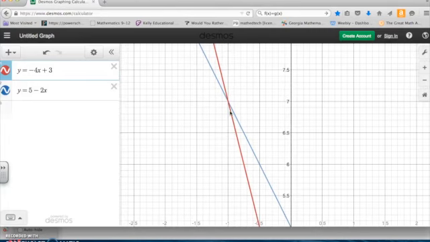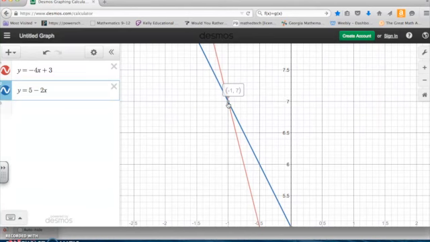If I click on this line and I click on this line, a little gray dot pops up where they intersect. If I hover my mouse over there, I can see that these intersect at negative 1, 7. Now, your primary way of graphing these should of course be by hand, but this is a tool for you to use to help check your answers.